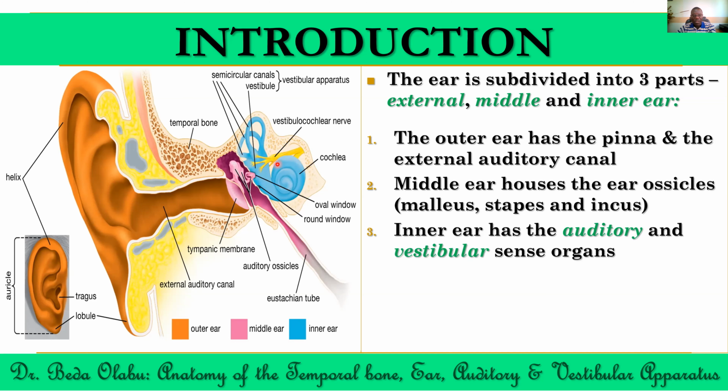So that's the general anatomy of the ear. That particular inner ear is the one that will receive the 7th and the 8th cranial nerves. But of course, the 8th cranial nerve is the one that supplies the ear. So the 7th cranial nerve just passes around it.